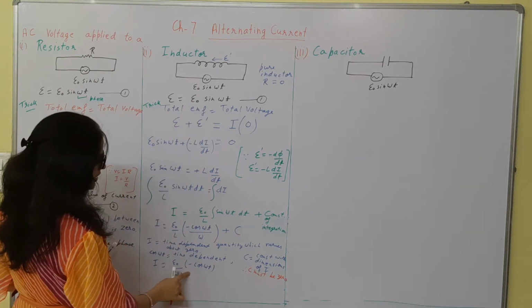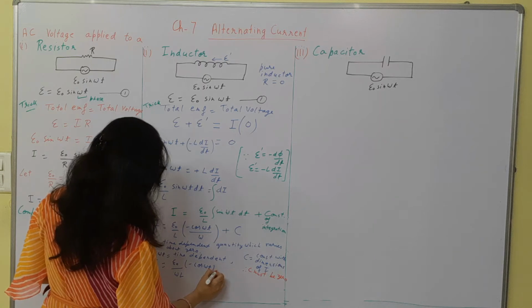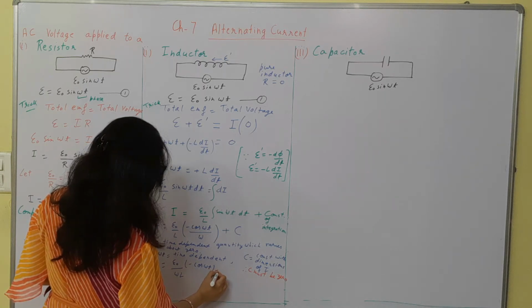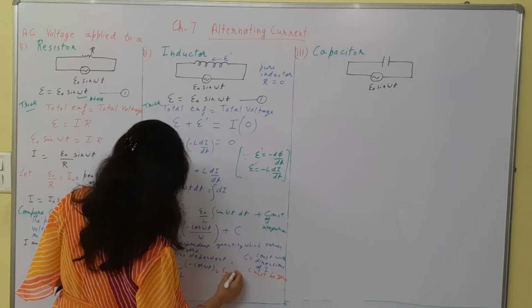So in order to convert it into plus and sin omega t, what can we do? We can write down by applying trigonometrical operations.